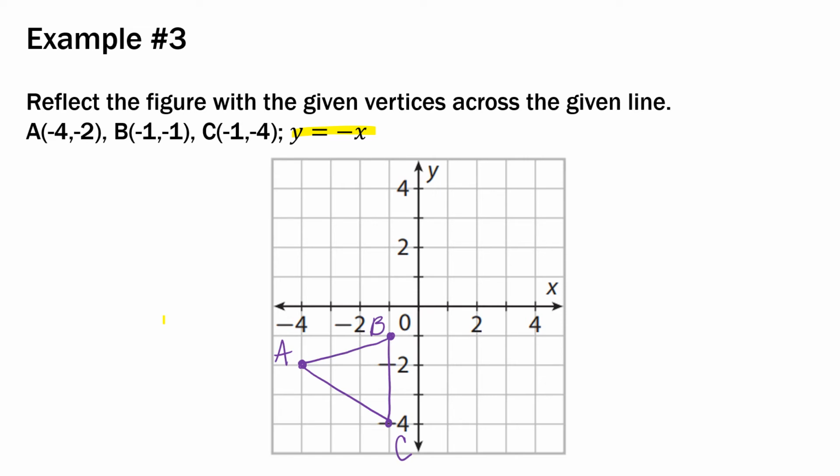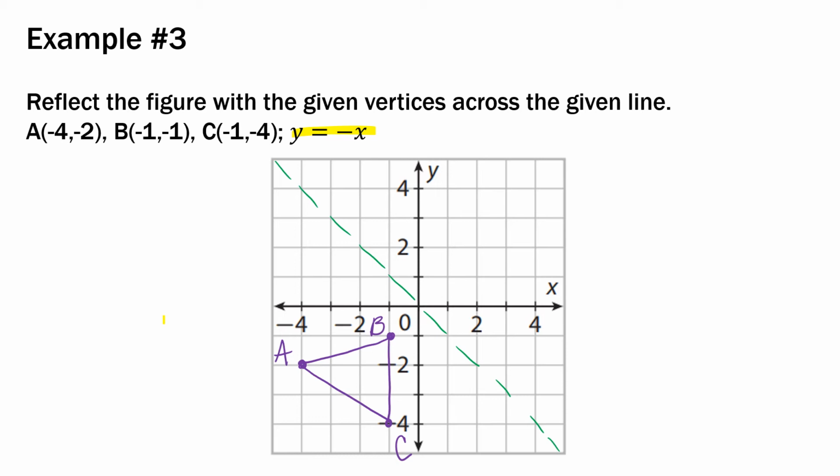I have a triangle this time. And I'm reflecting across the line y equals negative x. So now my diagonal line looks like this. And this time it isn't just a straight flip. Now these flip and they change signs according to the rule.